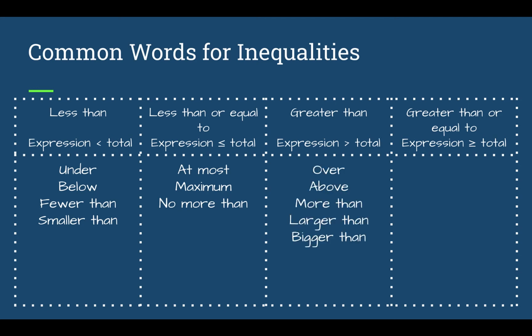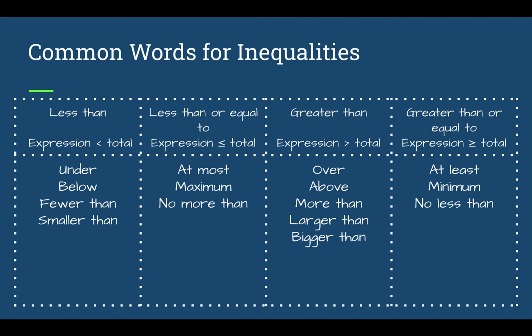If we see greater than, where the expression is more than the total, then we might see over or above, more than, larger than, bigger than, and again, that's just some, not necessarily all of them. Finally, instead of greater than or equal to, we might also see at least, and that's a very, very common one.